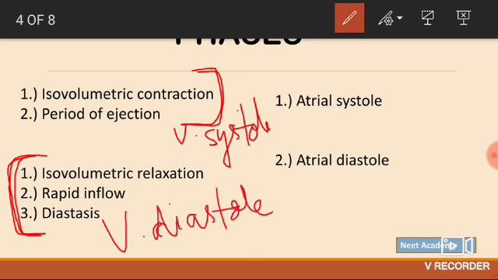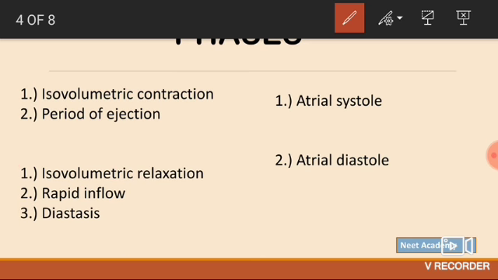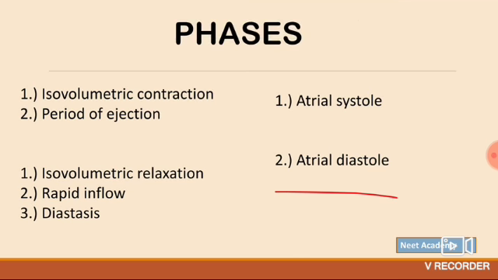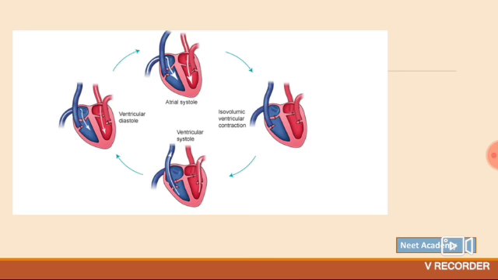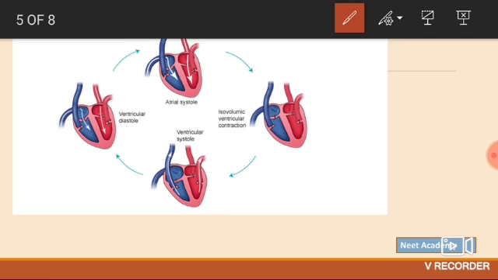Looking into this, we will be seeing one picture here. This one is about the ventricles, I'll tell you. When we see this picture, first there is atrial systole. What happens during atrial systole is the blood flows from the atria to the ventricles through the valves, that is the cuspid valves, bicuspid and the tricuspid valves.